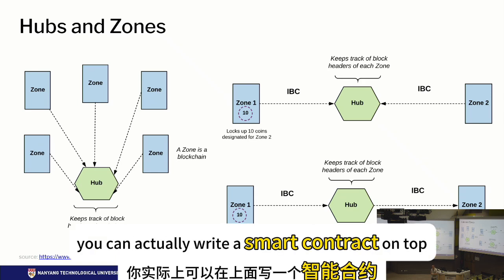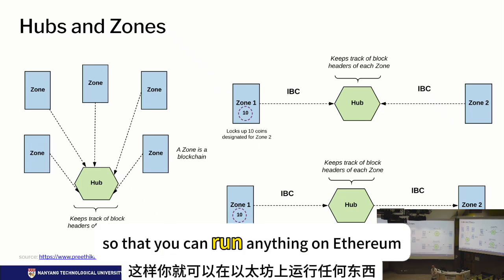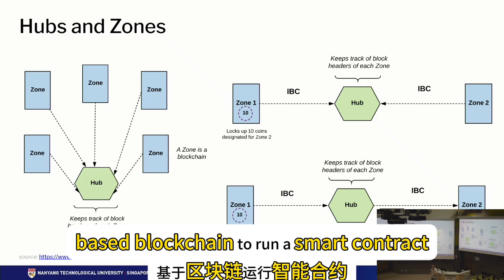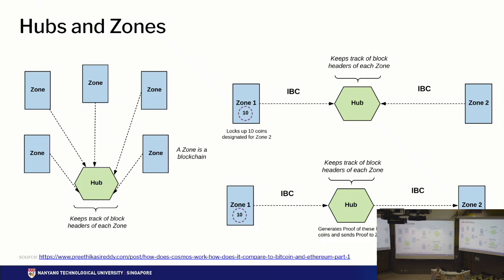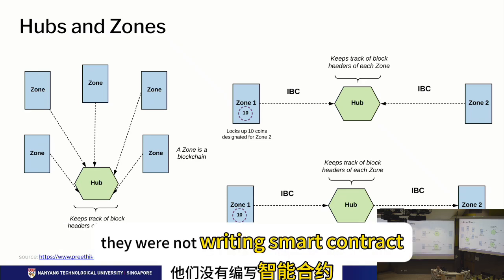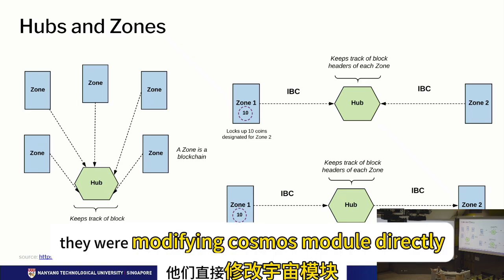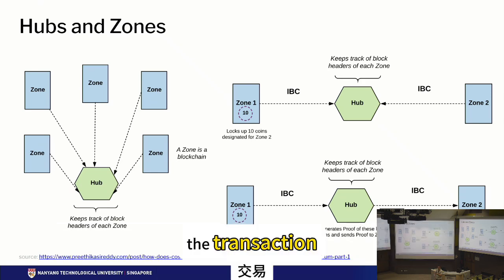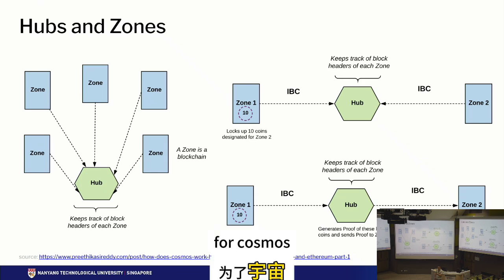So based on these two modules, you can actually write a smart contract on top, so that anything you run on Ethereum, you can now move to a Cosmos-based blockchain to run as a smart contract. But the initial bunch of developers designing on top of Cosmos were not writing smart contracts. They were modifying Cosmos modules directly as part of the transaction for Cosmos.